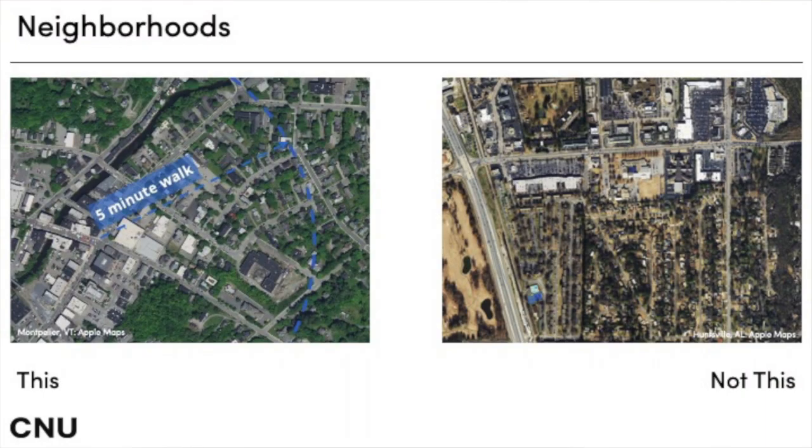For example, the image on the left is Montpelier, and toward the right edge of that blue circle is the Airbnb that we rented when we were there. And within that 5-minute walk, we could easily get right to downtown, to the heart of downtown. We were in an Airbnb that looked like a single family detached.